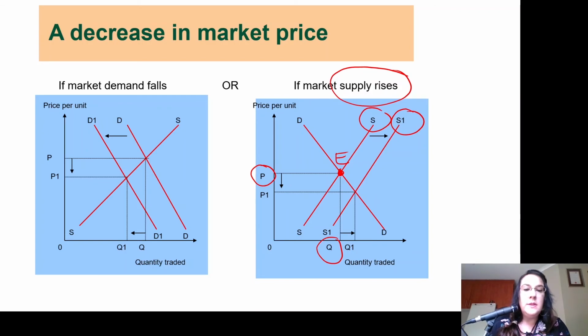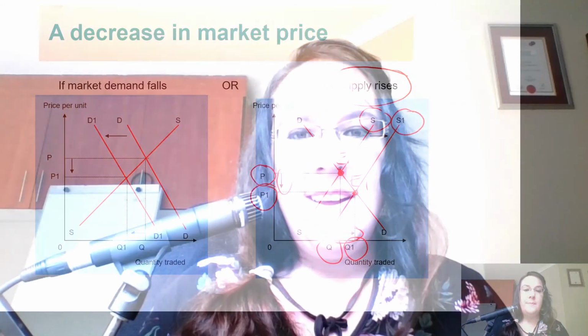Now, with the new intersection between D and S1, I have my new equilibrium point over here, E1, and this results in my new price, P1, and my new market quantity, Q1. I can see that the price has decreased from P to P1 and that my quantity has increased from Q to Q1.